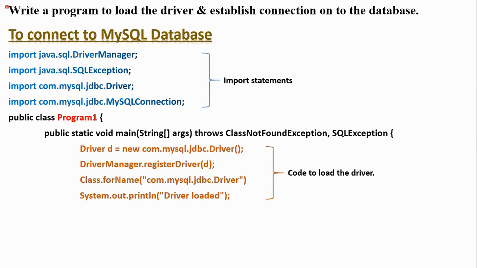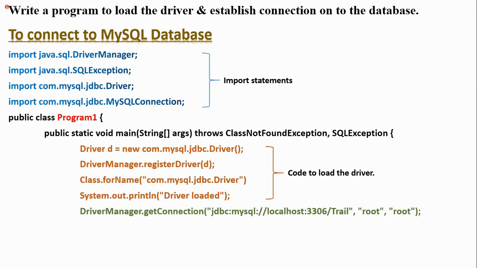Okay, sir, next what? Next, I have to establish the connection. How do I establish the connection? I will write DriverManager.getConnection, and I will write jdbc:mysql://localhost:3306/trial. Trial happens to be one of the databases that I have created. And my system's username and password happen to be root and root.